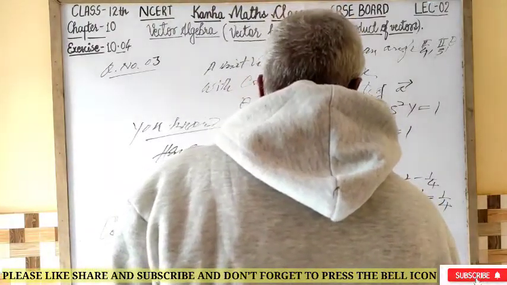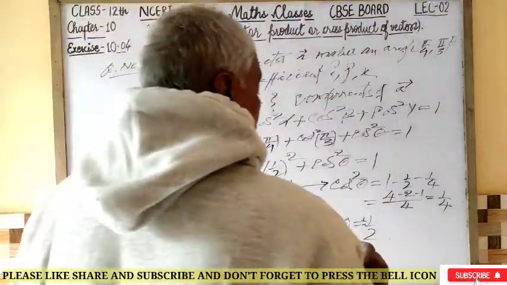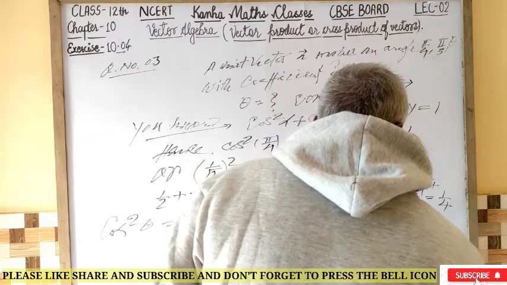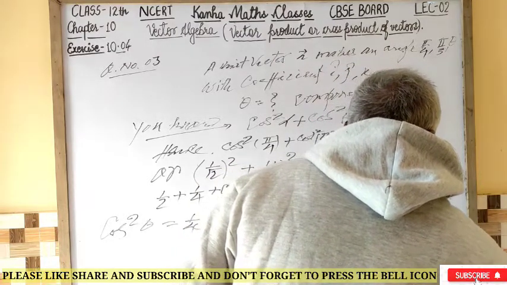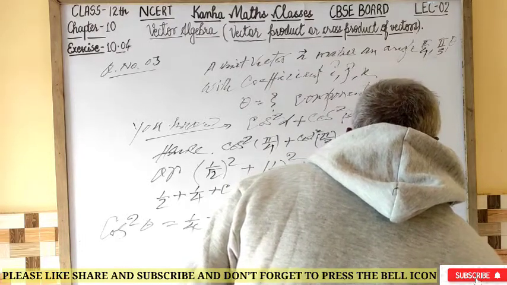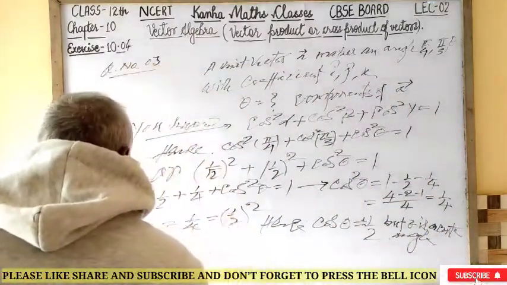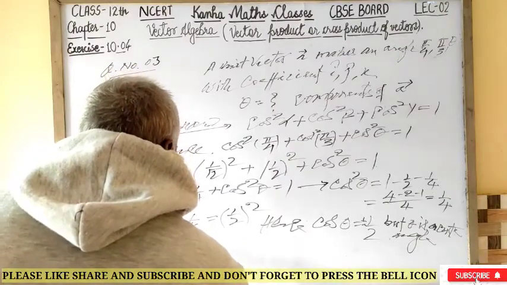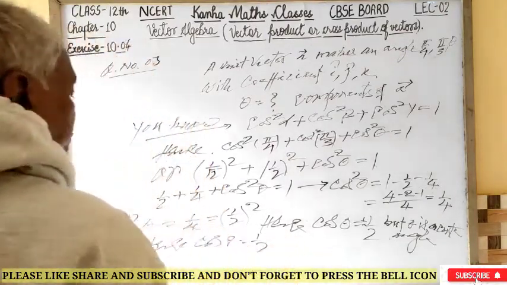This will become plus minus 1 by 2, but theta is an acute angle, hence cos theta is equal to 1 by 2.